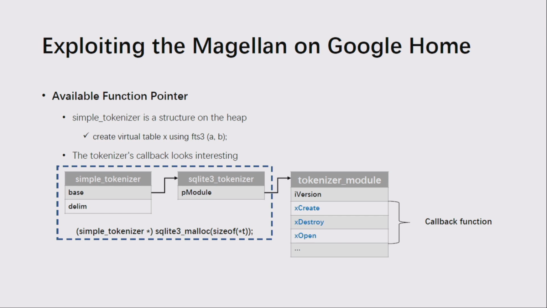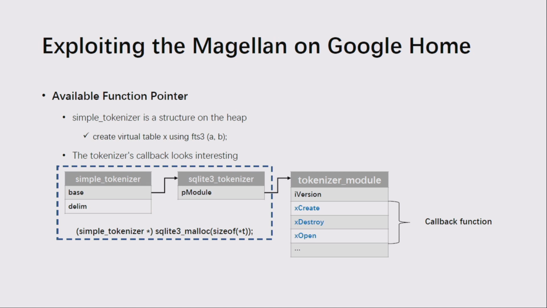As shown in the following pictures, the simple tokenizer is a structure on the heap whose member base points to the sqlite3_tokenizer structure. The member pModule of the sqlite3_tokenizer structure points to the tokenizer module.